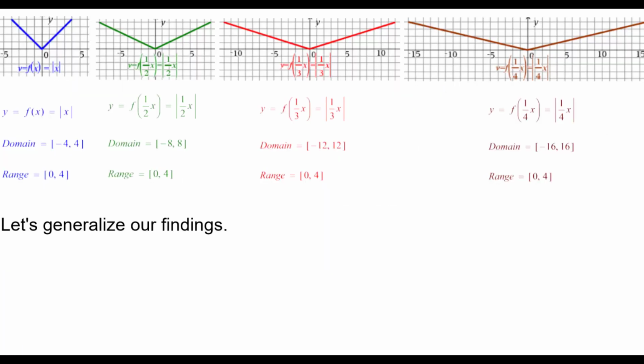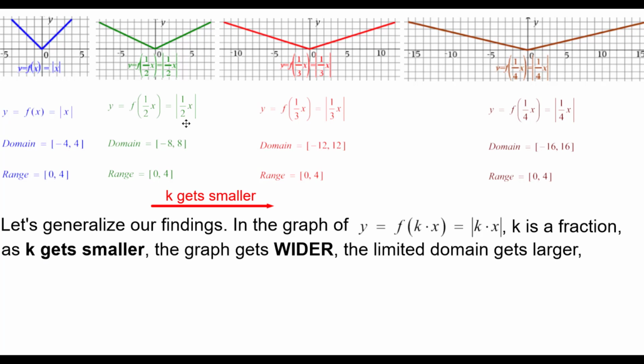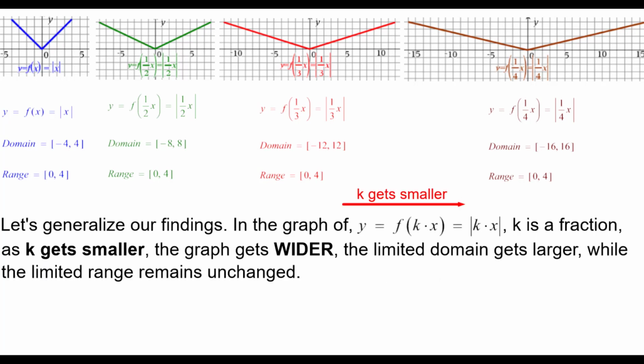Generalizing our findings as we did before, in the graph of y equals the absolute value of k times x, where k is now a fraction between 0 and 1, as k gets smaller, the graph is getting wider, the limited domain gets larger or wider, while the limited range remains unchanged.